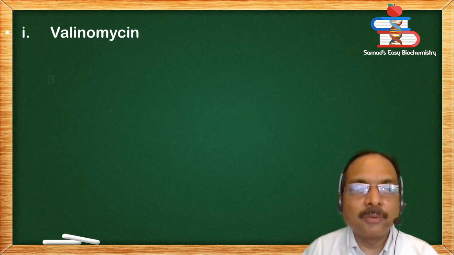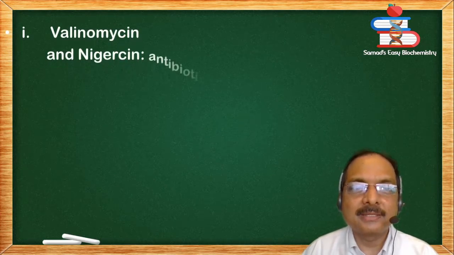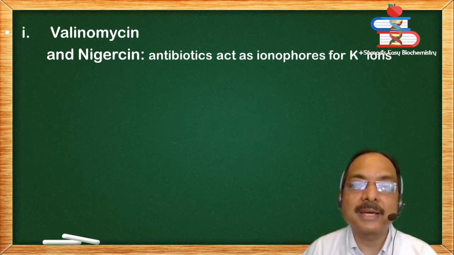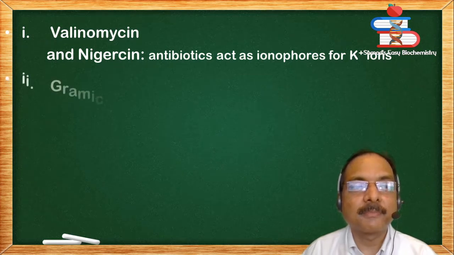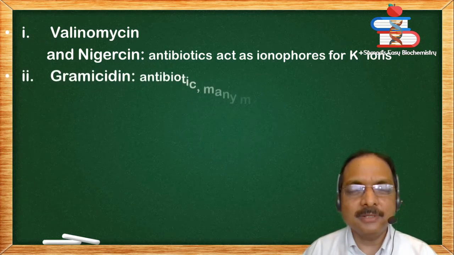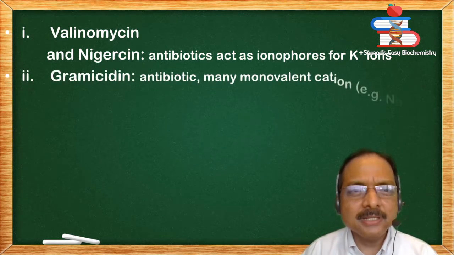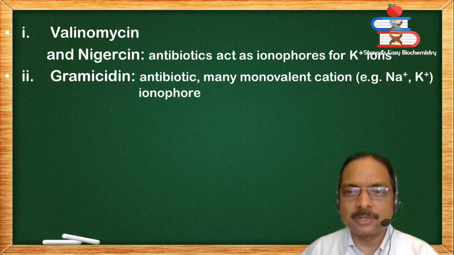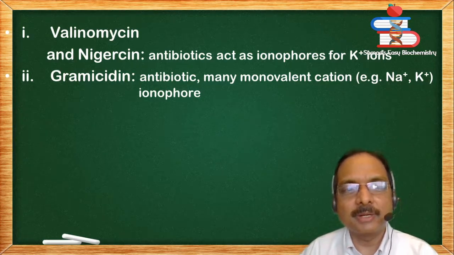Example, valinomycin and nigericin, the antibiotics that act as ionophores for K+ ions, potassium ions. Gramicidin, an antibiotic, which is a monovalent cation ionophore. Example, sodium and potassium.